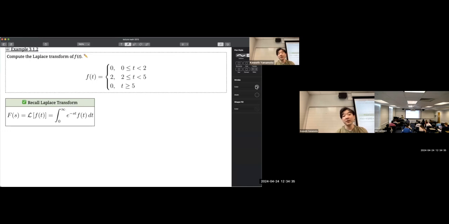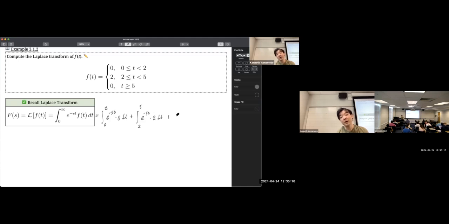If you have a piecewise function, then the Laplace transform is the same as what we had seen before. It's just going to break up into different pieces. You integrate from 0 to infinity, but the function is different for each piece. First you integrate from 0 to 2, where our function is 0, so it's e to the negative st times 0 dt. Then the next integral goes from 2 to 5, where the function is 2.